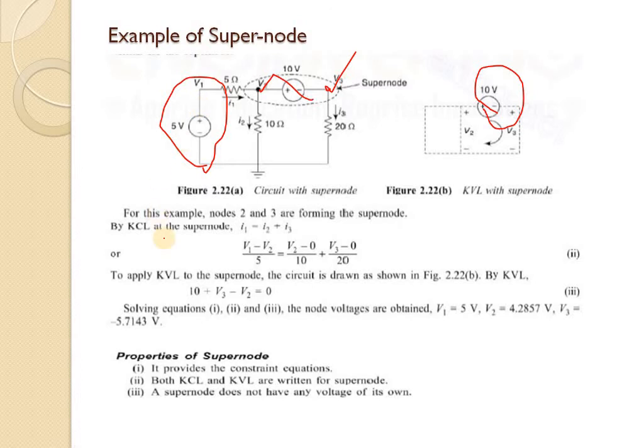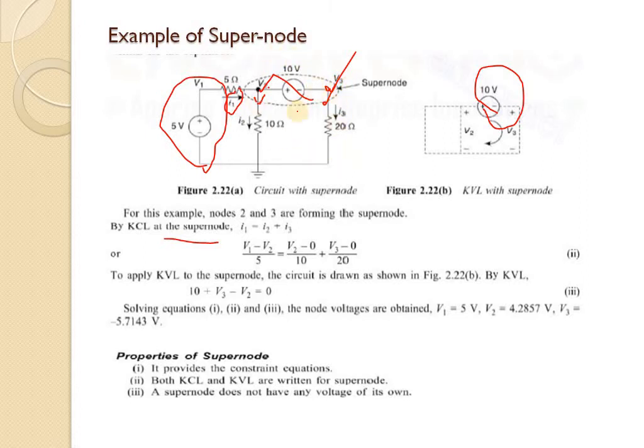Now, by applying KCL at the supernode, I1 is entering, and I2 and I3 are leaving, so I1 equals I2 plus I3. Putting in the values, I1 will be (V1 minus V2) by 5, then V2 by 10, then (V3 minus 0) by 20.